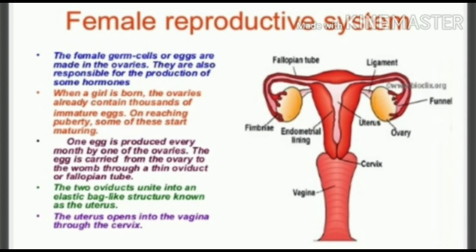On reaching puberty, some of these start maturing. One egg is produced every month by one of the ovaries. The egg is carried from the ovary to the womb through a thin oviduct or fallopian tube.